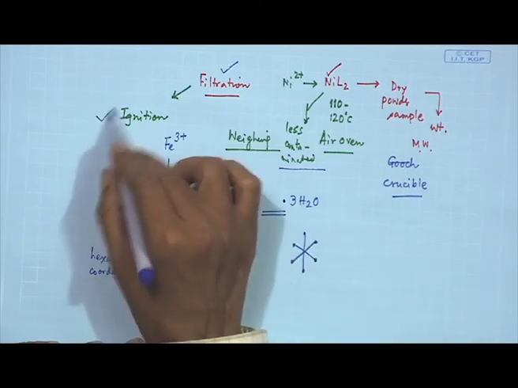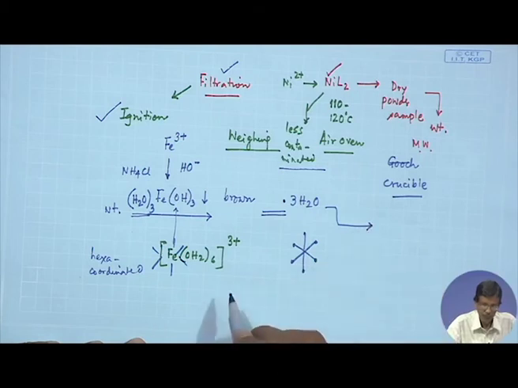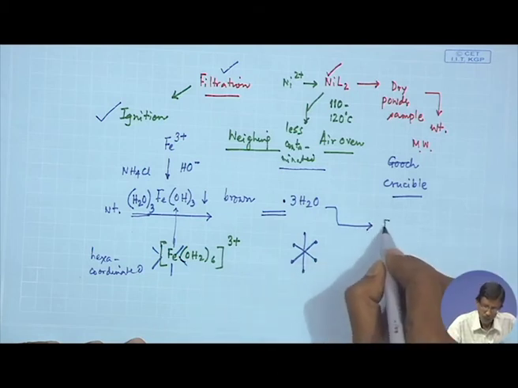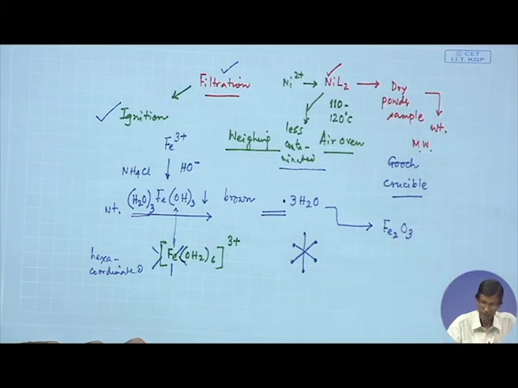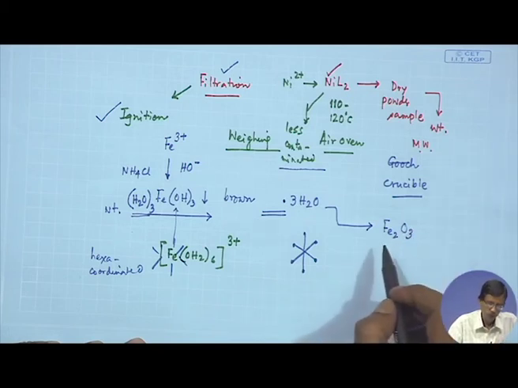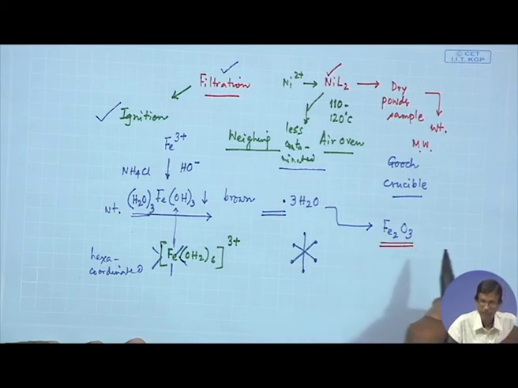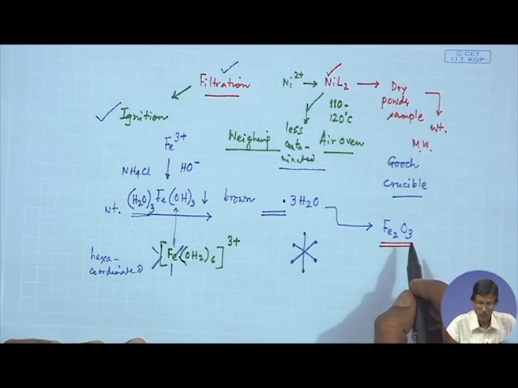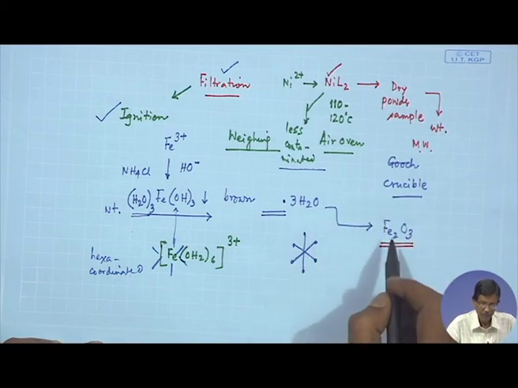So, what we can do then is apply ignition and convert this particular species to Fe2O3 at a high temperature. So, this is the corresponding procedure where we have the definite formula of Fe2O3, and it is also a typical gravimetric technique.